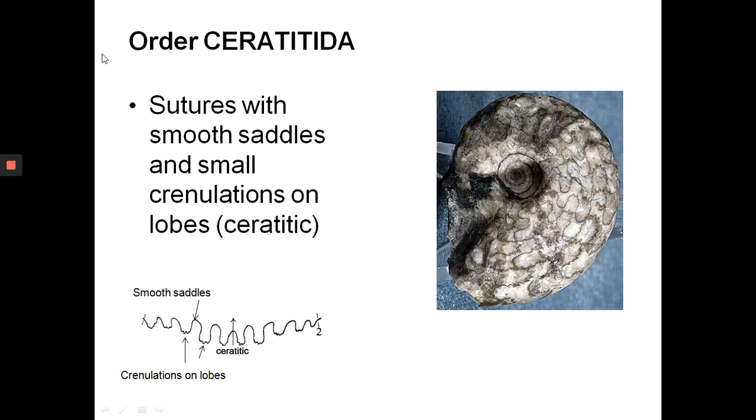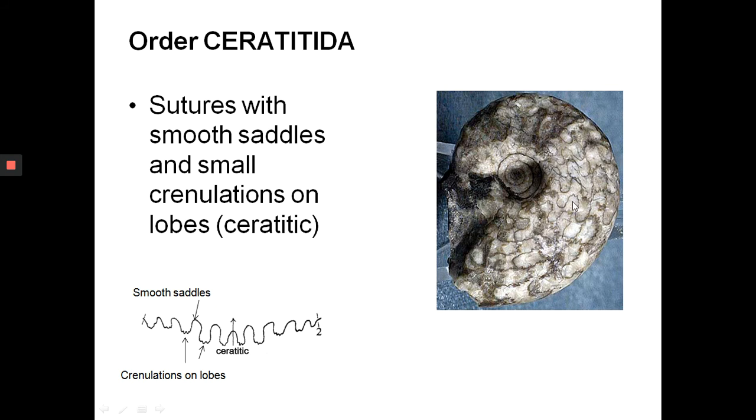Then you have the Ceratitida. The ceratites have a ceratitic suture pattern. You have sutures with smooth saddles and small crenulations on the lobes. Remember this is the direction of the aperture. So you notice you have these smooth saddles, very simple saddles curving, and then on the other side you have these lobes with smaller folds.